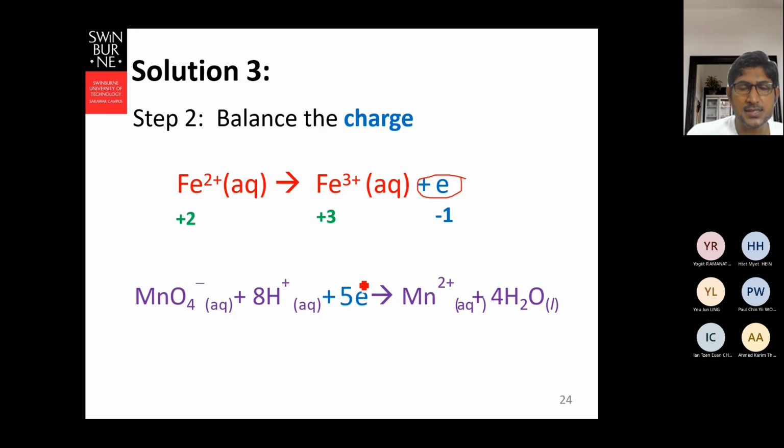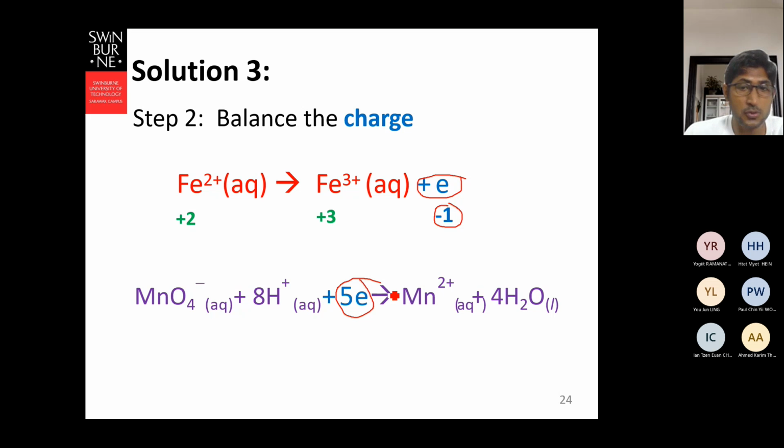So now we see that I have to balance the electron. From here, I see that 1 electron is coming from 1 iron ion, but I need 5 electrons.